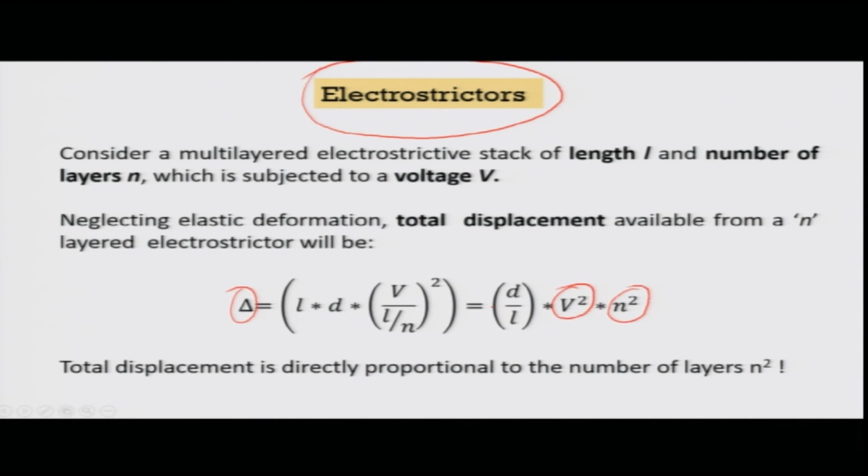Which means that the deflection you are getting from this system is enormously high. So, it is n square instead of n. That is the point in which electrostrictors are better, but of course, not everything is good. For example, you have to be cautious about saturation, and also that this is essentially a nonlinear relationship. So, at what voltage you are getting what deflection in a nonlinear relationship is a little more tricky to handle.